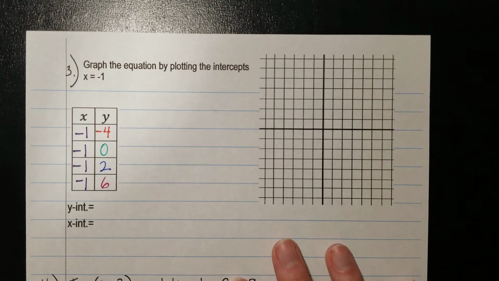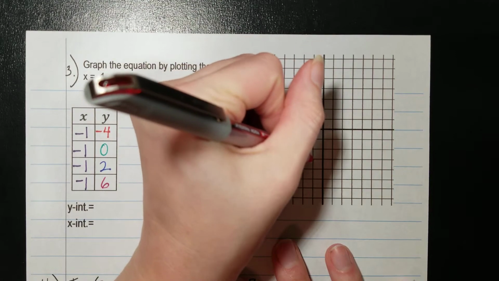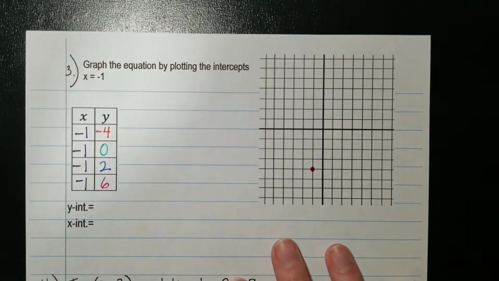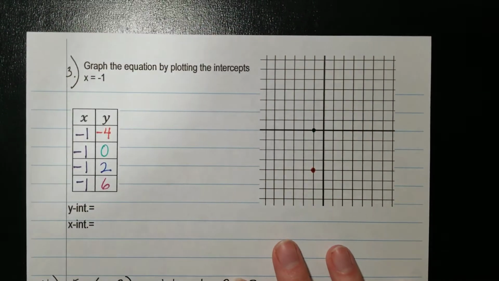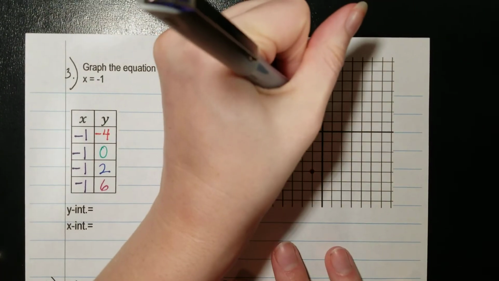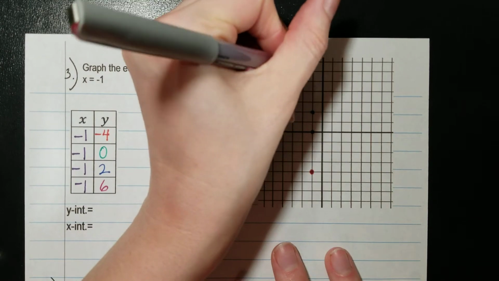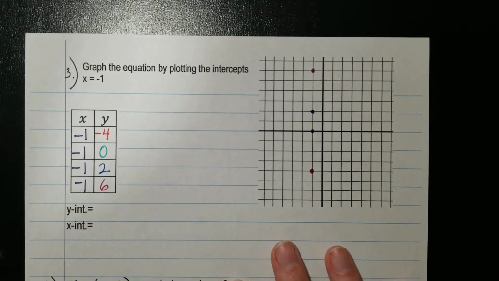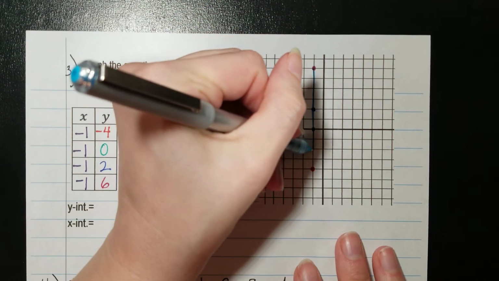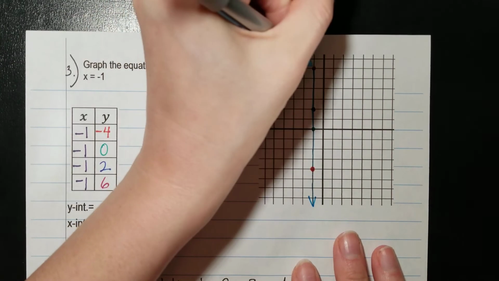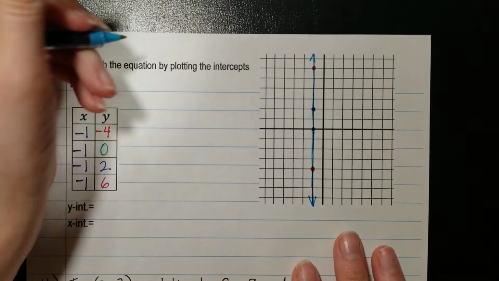And now I'm going to plot those points. So (-1, -4), and then (-1, 0), and then (-1, 2), (-1, 6). All right, and now I'll go ahead and draw the line. All right, so we can see that this is a vertical line.